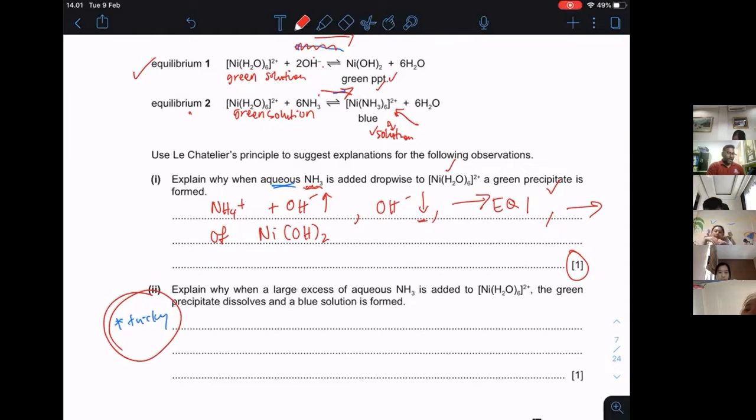But when I react with the aqueous ammonia, the Ni(NH3)6 is going to increase. When that is increased, my equilibrium 1 will change. How is my equilibrium 1 going to change? Because I am going to change the concentration of this one.